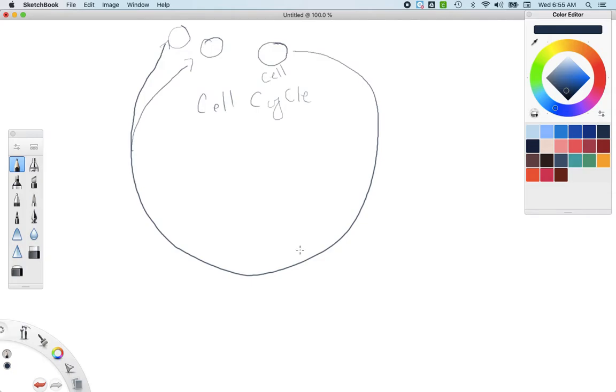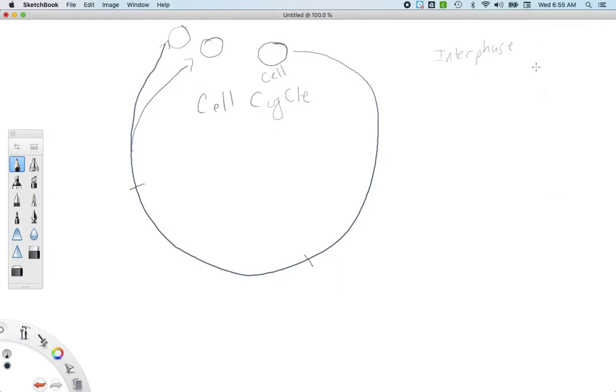And that cell cycle is divided into three major parts: interphase, mitosis, and over here, cytokinesis.